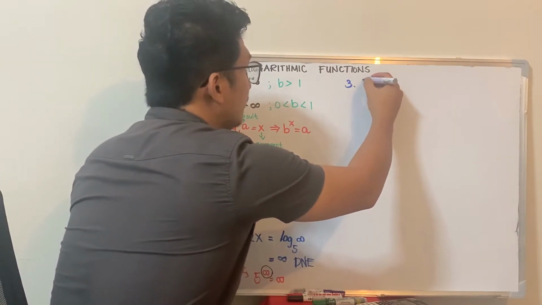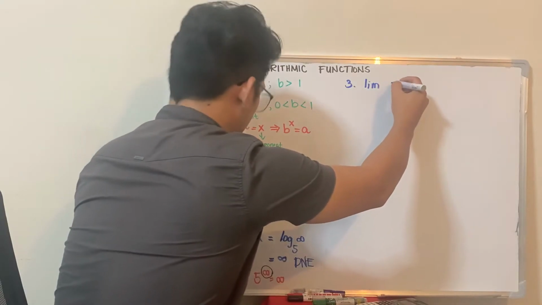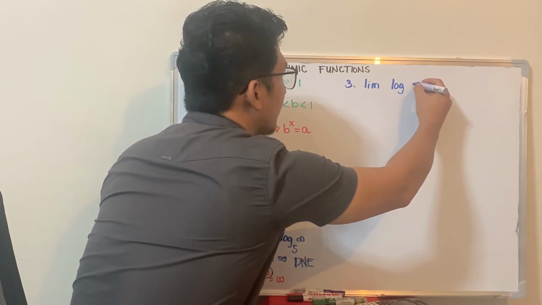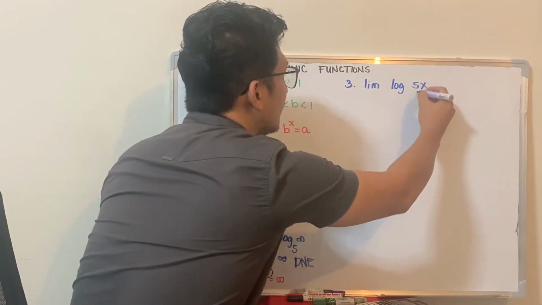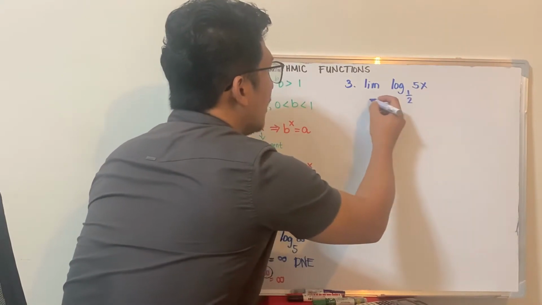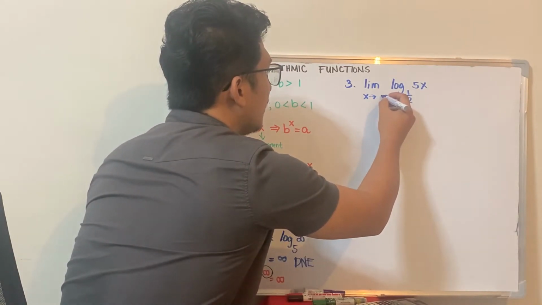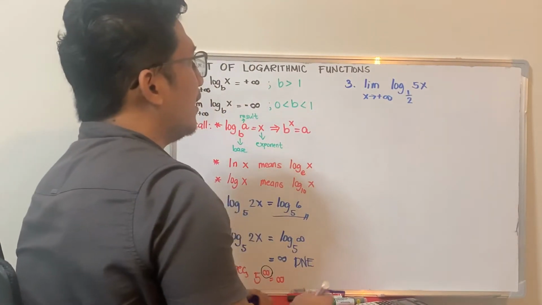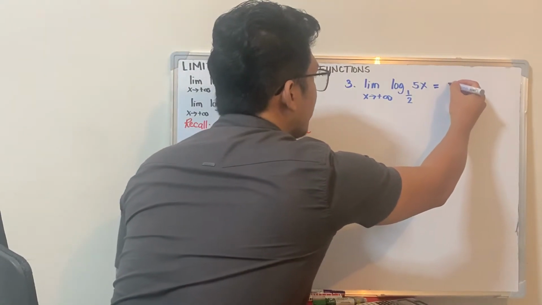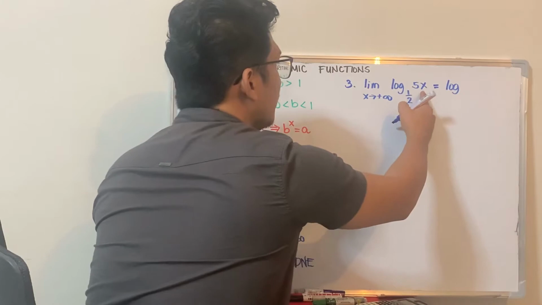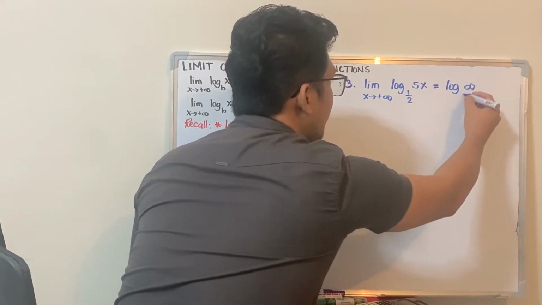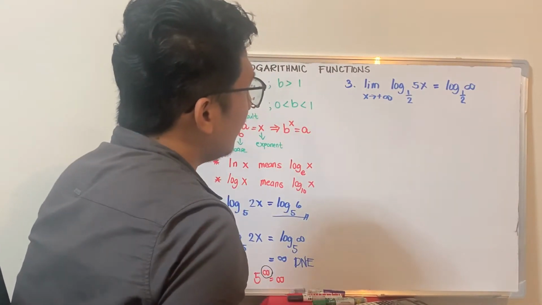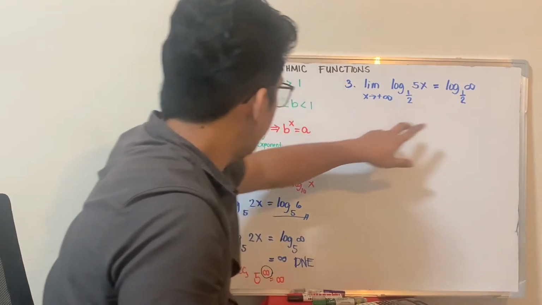So if you are to solve like the limit of the logarithm of 5x, with the base 1/2, as x approaches positive infinity. So in this case, you may substitute diretso, no? Ang logarithm, syempre, sa infinity, mahimo siyang infinity gihapon, and the base is already 1/2.